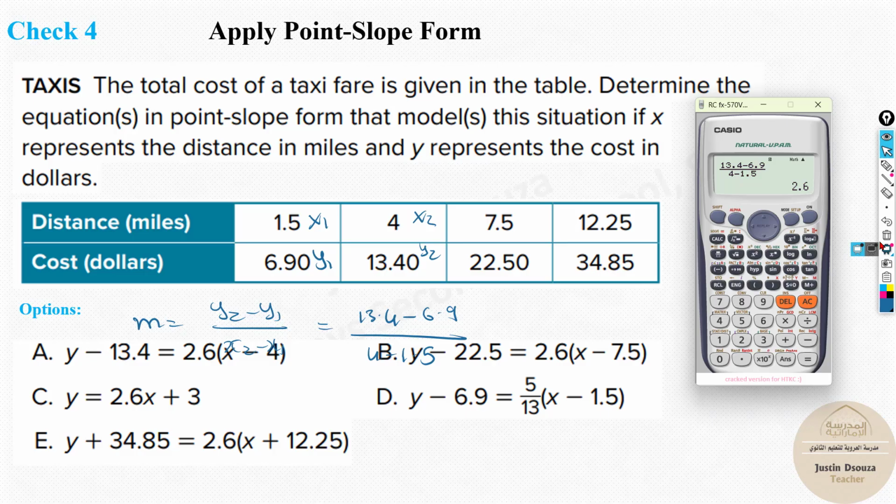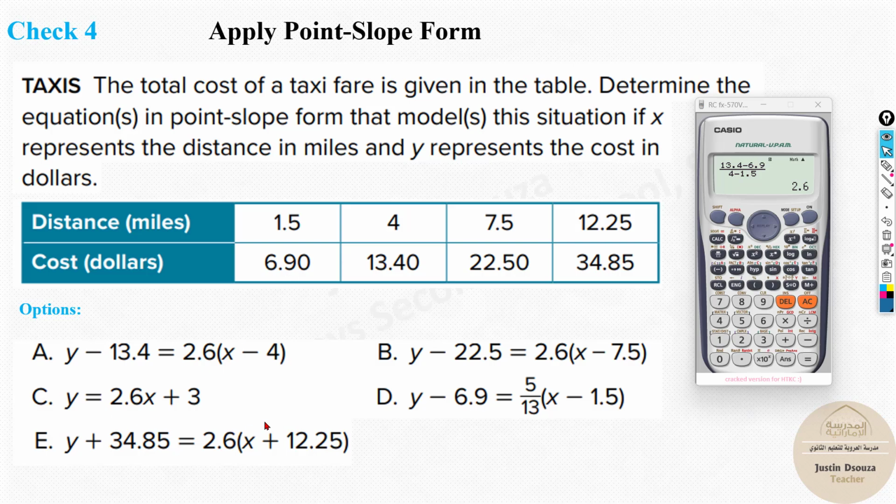Now, what next? Look at these points. What is the x and y value? 1.5 and 6.9. Is there anywhere x has 1.5 and 6.9? Oh yes, 1.5, 6.9, but the slope is wrong here, so this is not valid. Let's go to the next one.